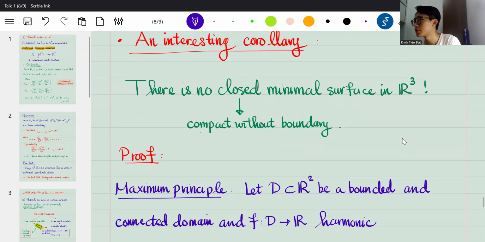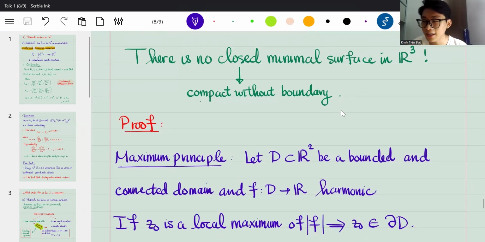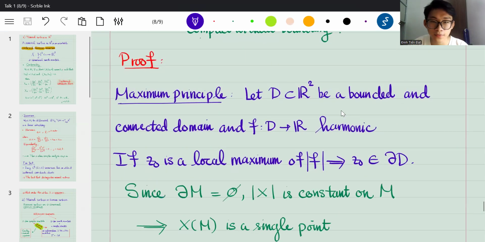We use the maximum principle, which says that a function cannot attain its local maximum in the interior of a domain. The maximum is always attained on the boundary. But since we require the boundary to be empty, it's not going to have any local maximum. So it has to be a constant function.